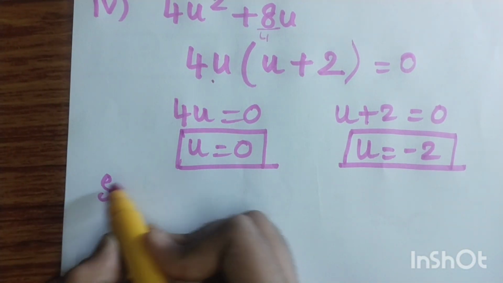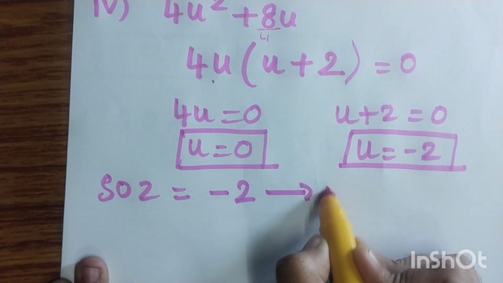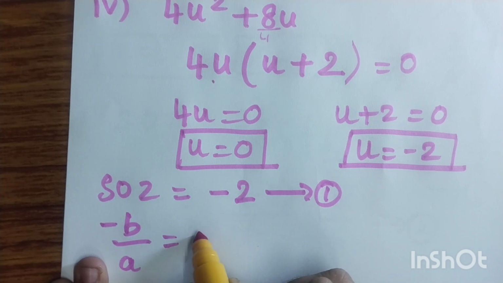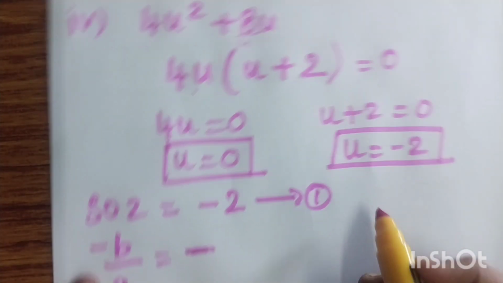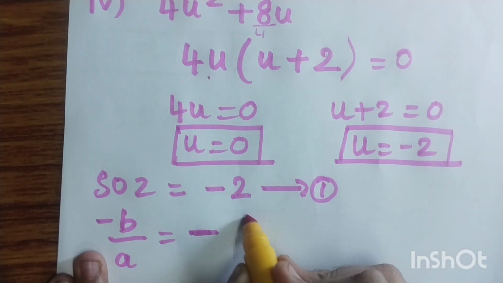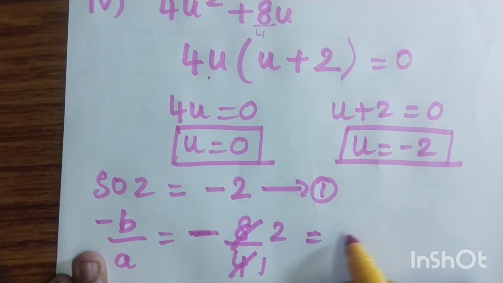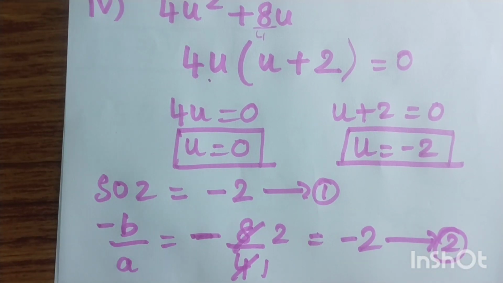Now the sum of the zeros is minus 2, which is my first equation, and minus b by a. First put the minus sign and check the b. So it is 8. So 8 by 4, which is 2, minus 2 is my second equation.